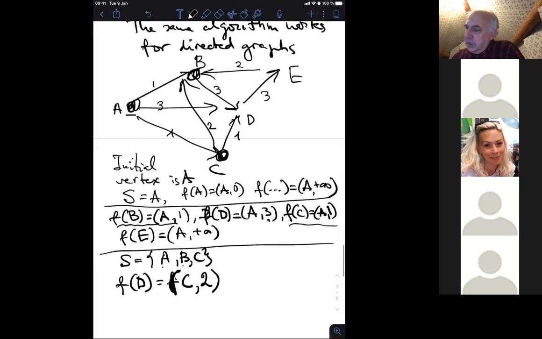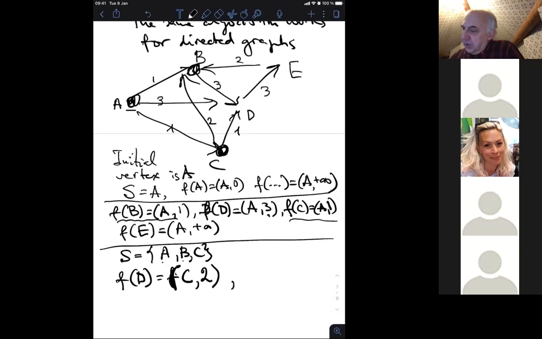And what about E? E is now connected to my current set S, which consists of A, B, and C. And f of E would be go to B. Oops, I'm sorry. No. Since I'm in the directed situation, this edge is in the opposite direction.